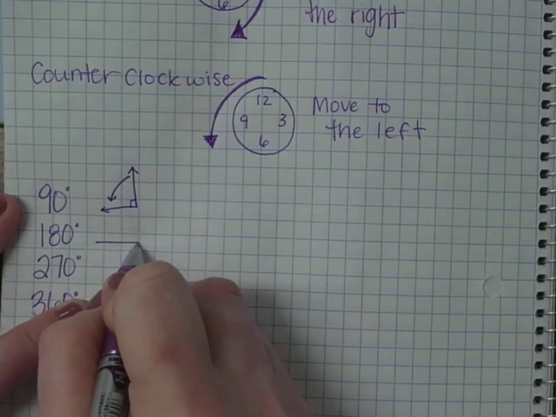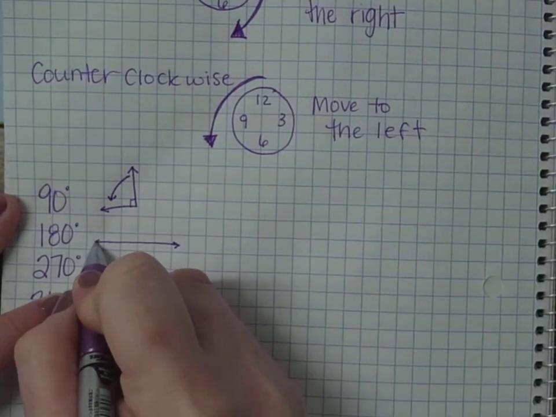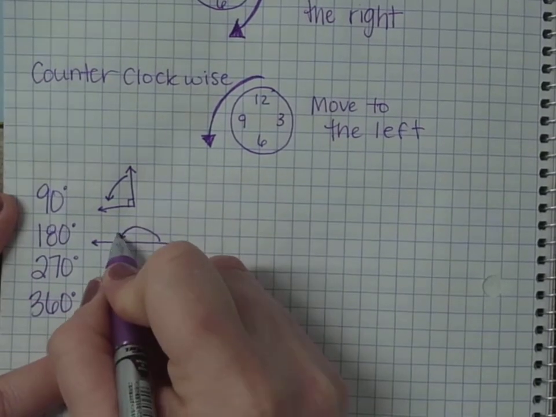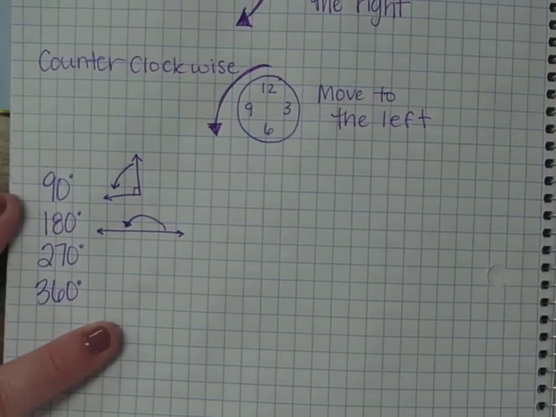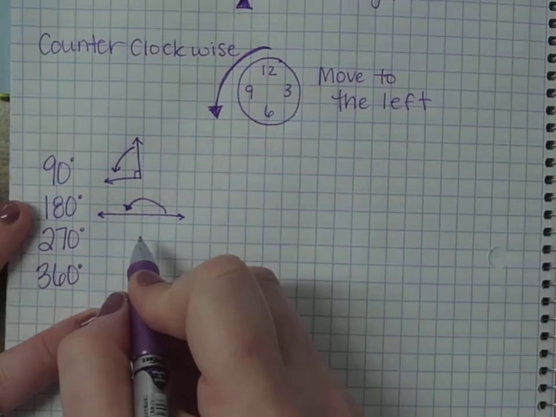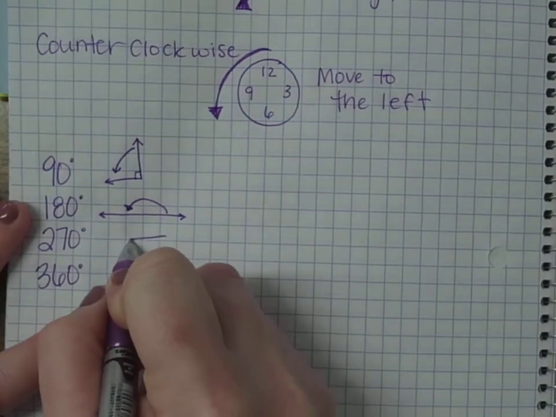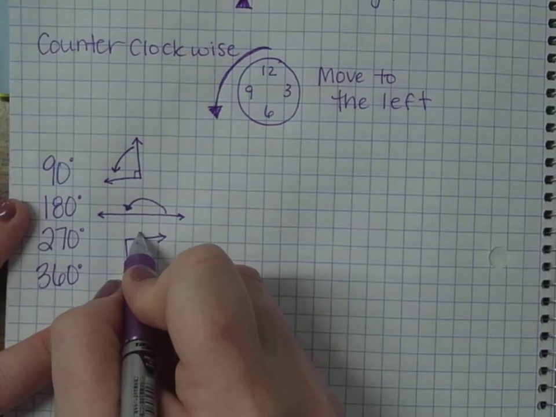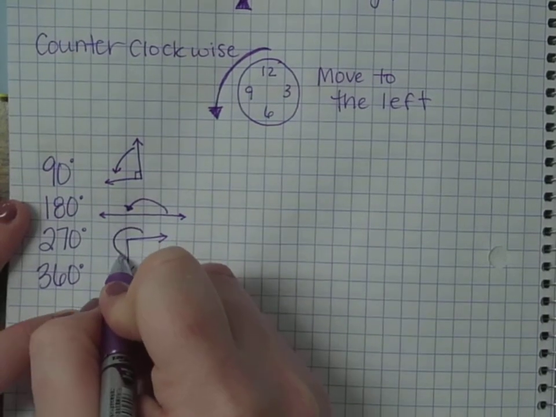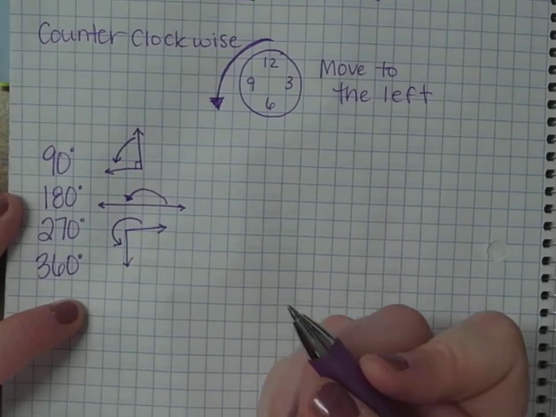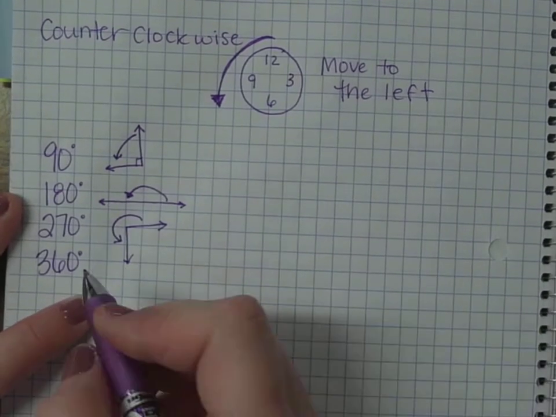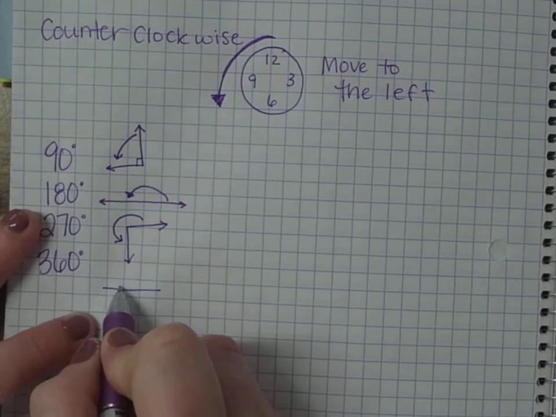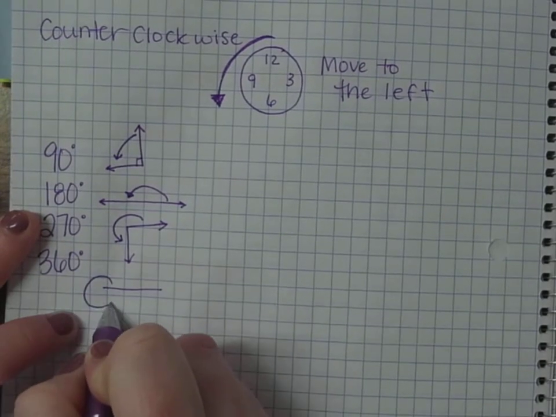If you think about 180, that's 2 90s, so you would move that much. 270 is 90 more than 180, so you actually move that much. And then 360 would be moving an entire circle.